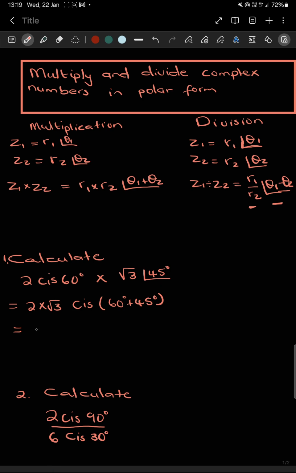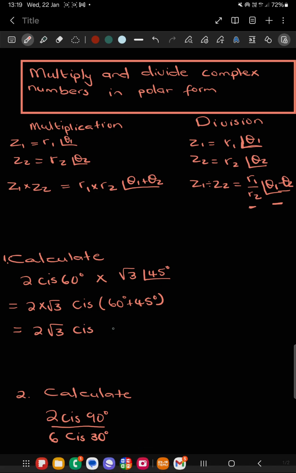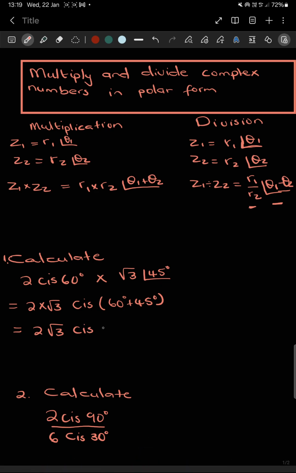This gives me 2 root 3 cis 105 degrees. Just like that. It's the nicest theorem ever. Makes life so much easier.